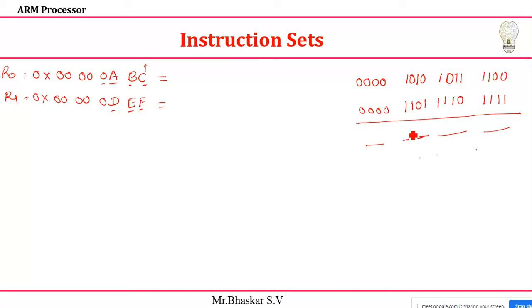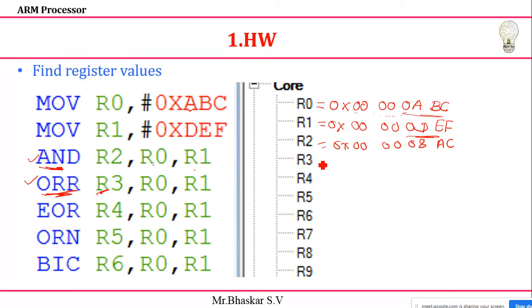So it is 11, this is 11, here also 1111, here also 1111, so remaining it is zeros. From here onwards everything will be zeros only, so directly I can write. So 111 means F, this is also F, this is also F. So for the OR operation, my result is 0x00000FFF.